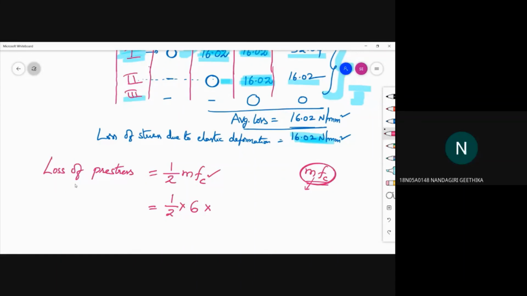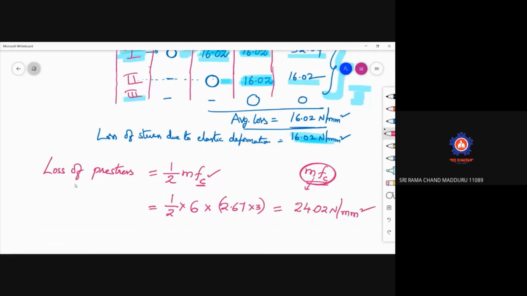2.67. So this 2.67 is for each cable. But there are 3 cables at that level, so you can multiply with 3 to get the stress in concrete for 3 cables.